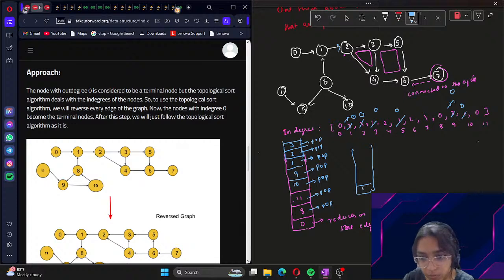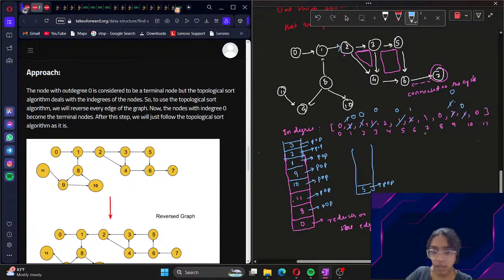Over here we have 5, and after popping 5, we have a 1 here, but we have no zeros that are not visited, so we're gonna stop toposort here, and we have the nodes.